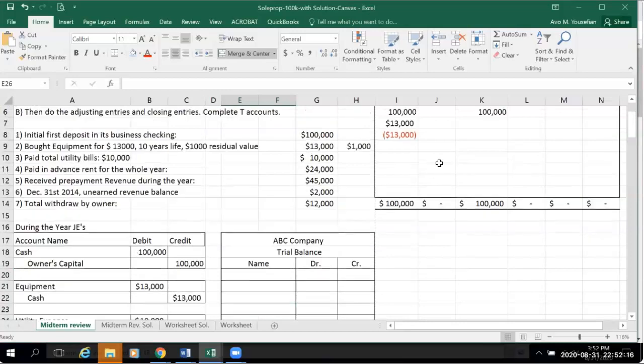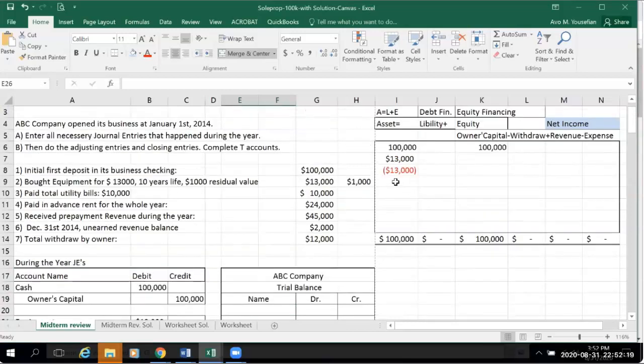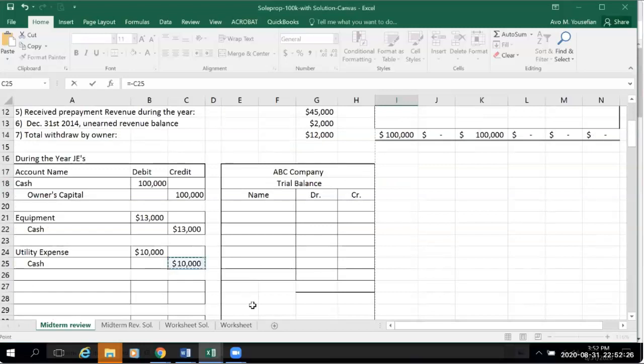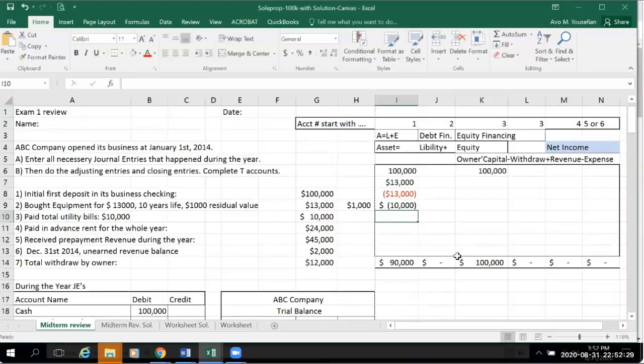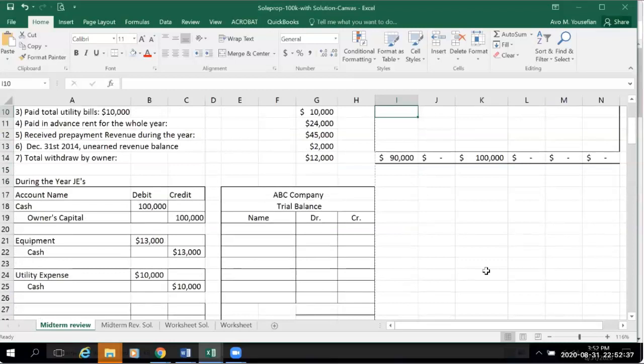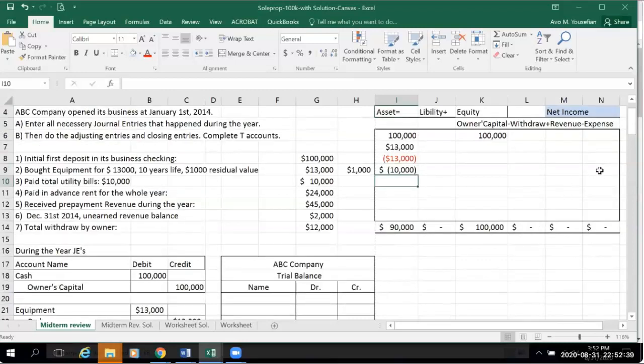And if you want to show it here, it's very easy. Cash goes out of your checking account, obviously, so it's a negative. And here, expense equals minus. You see, expense has a minus. I'm just reflecting that.